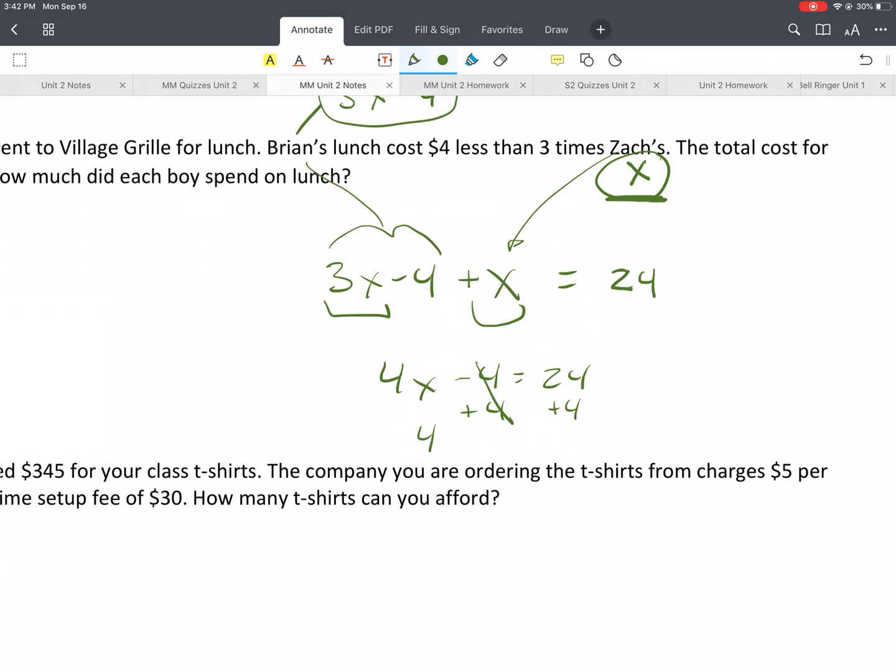That would give us 4x equals 28. And then we would divide both sides by 4. That would cancel, we'd get x equals 28 divided by 4, which is 7. Okay, so Zach's lunch costs $7.